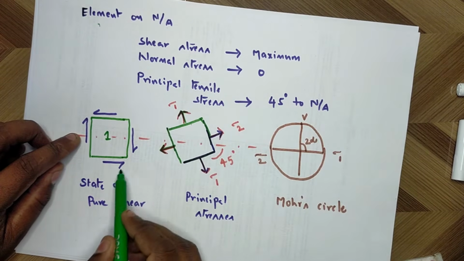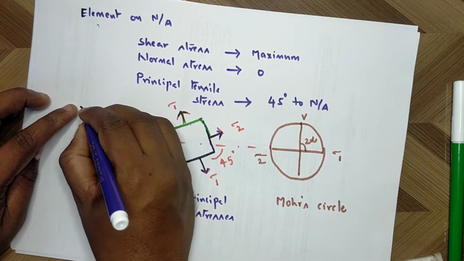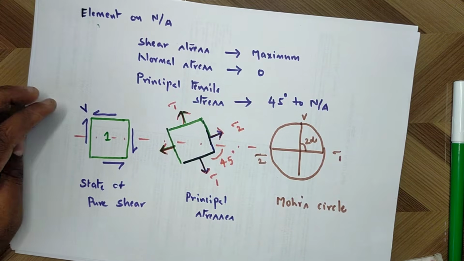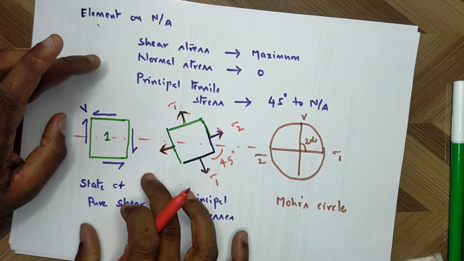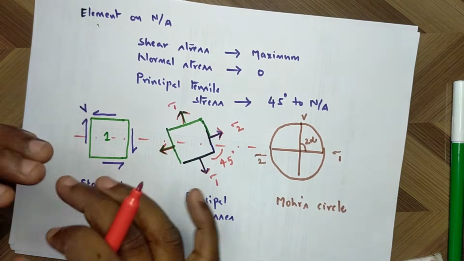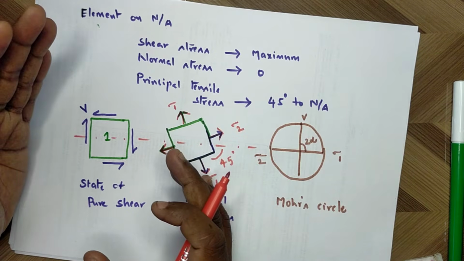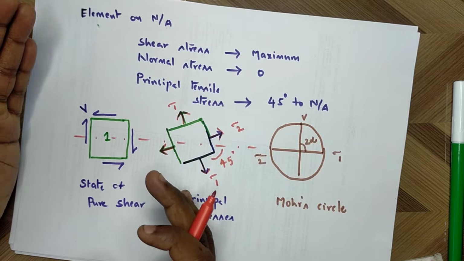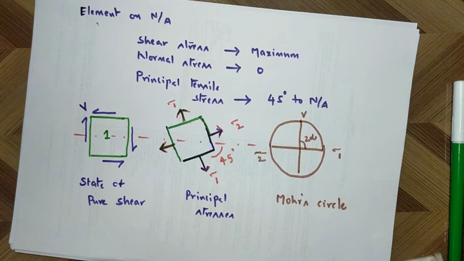Here I have shown only the shear V. We may call this state a pure shear state. Why? Because only shear is acting on the element. There is no normal stress. At the level of neutral axis, we may get the state of pure shear.